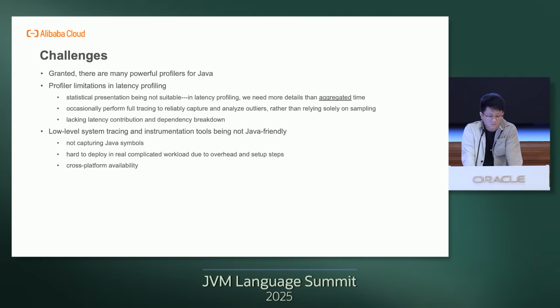A second one is that occasionally we need to perform full tracing to reliably capture and analyze outliers, rather than solely relying on sampling. And a third one is that we sometimes need to do a dependency breakdown.